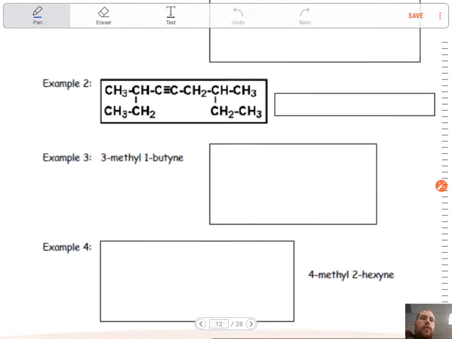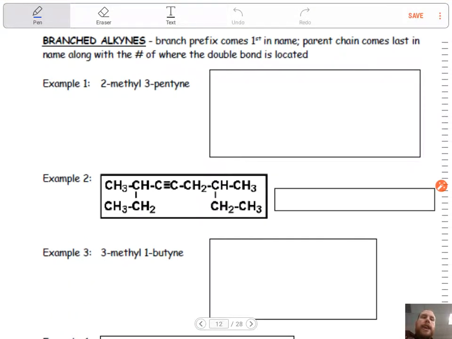So, continuing on, guys, branched alkynes. Same idea that we've been doing with the alkanes and the alkenes, except now you just have a triple bond in there. The branch prefix name comes first. The parent chain comes last, along with the number of where the triple bond is located. This shouldn't say double bond, change this because this is alkynes. So, name.